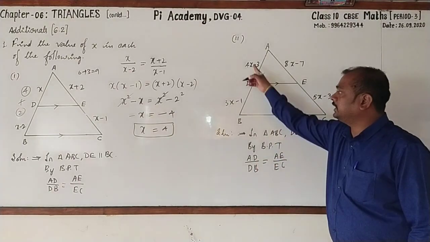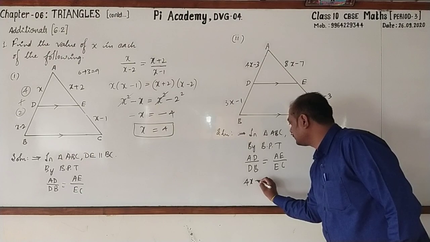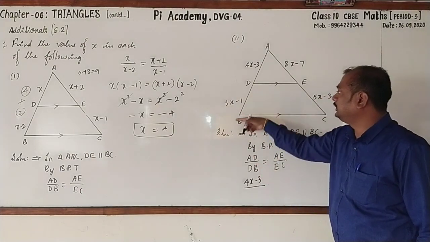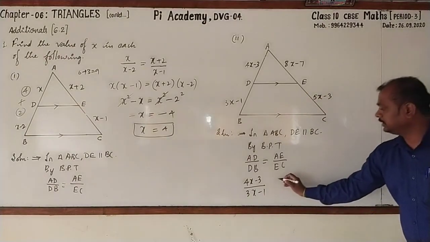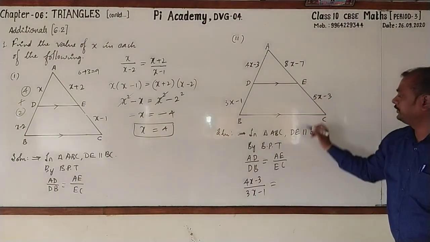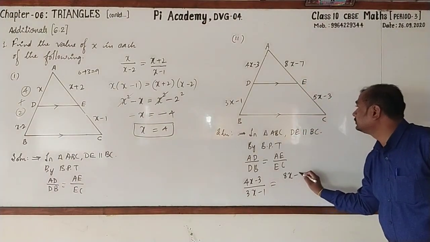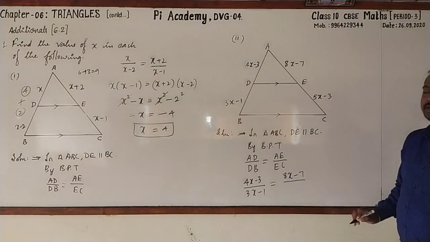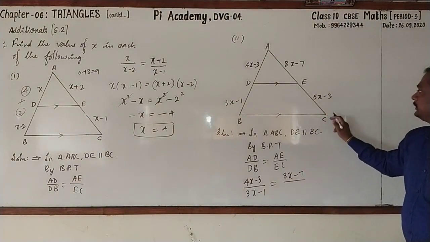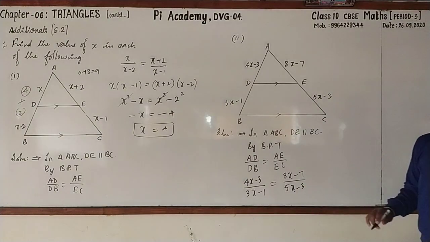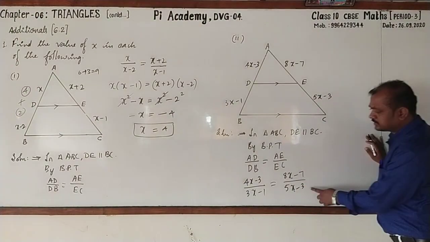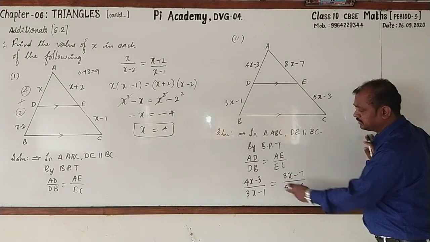Next, go for substituting. AD is 4x minus 3, divided by DB, which is 3x minus 1, equal to AE, which is 8x minus 7, whole divided by EC, which is 5x minus 3. How do you go for solving x? To solve x, you have to simplify this first.